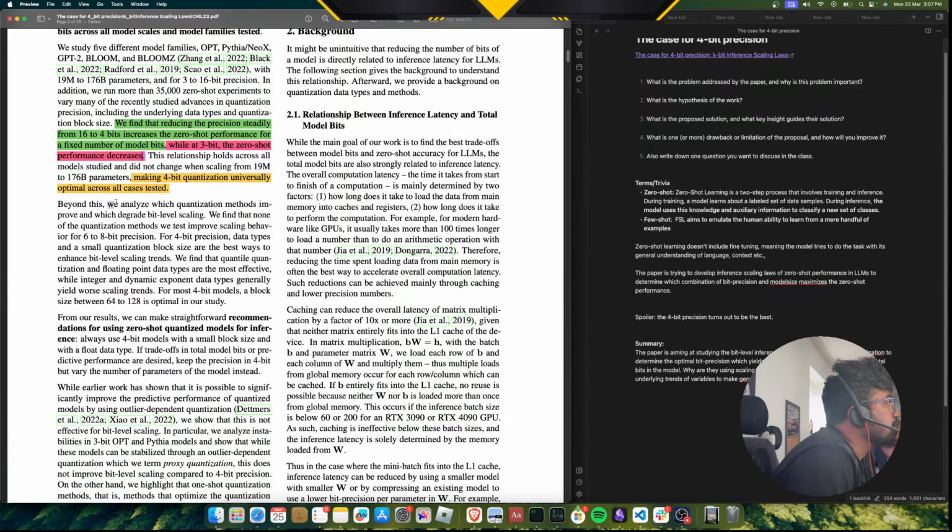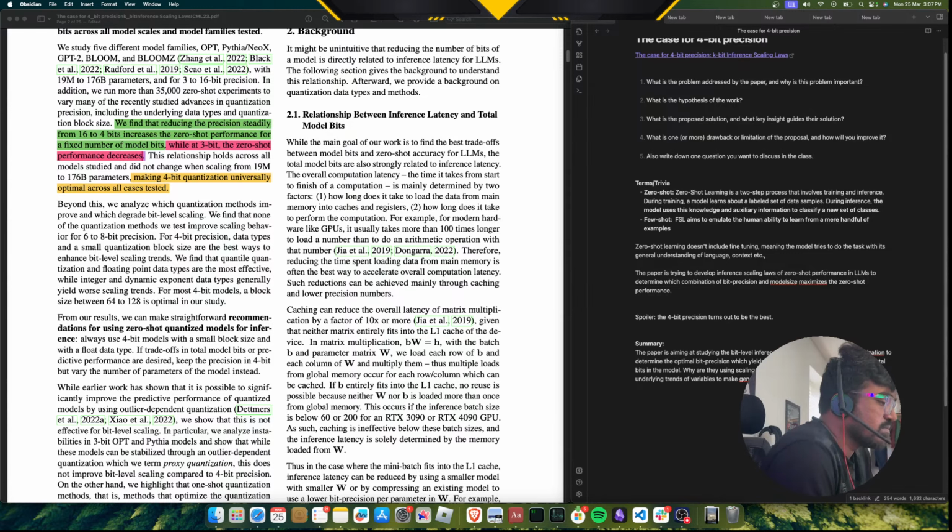Beyond this, we analyze which quantization methods improve and which degrade bit level scaling.